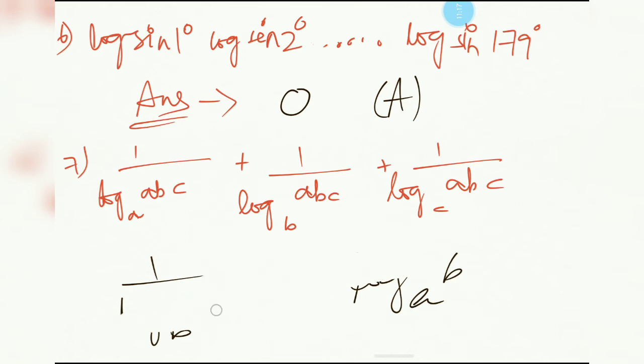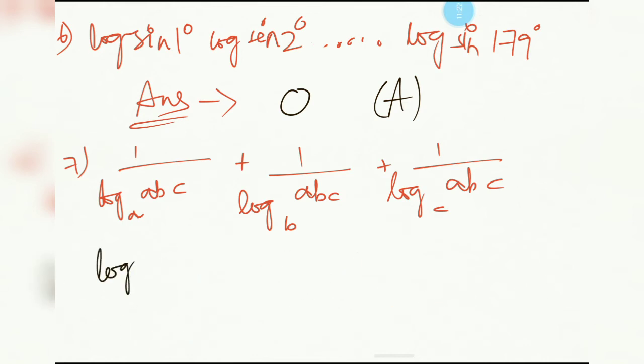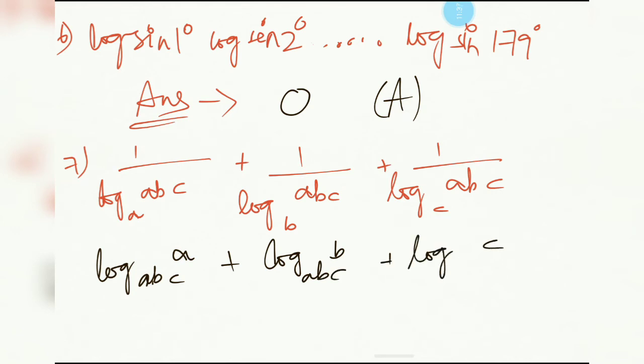So using this law, I'm going to write 1 by log a to the base ABC as log a to the base ABC plus log b to the base ABC plus log c to the base ABC. Just this will interchange when it is reciprocal. We have learnt and seen so many problems.